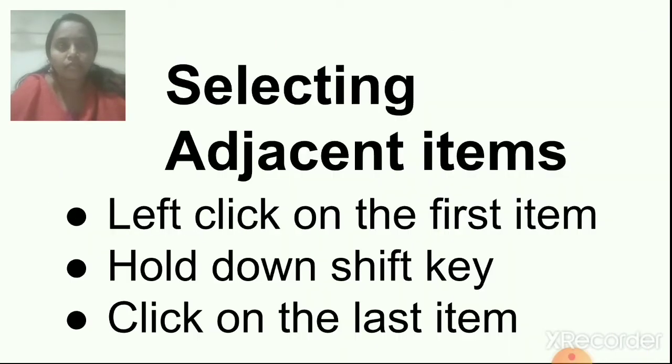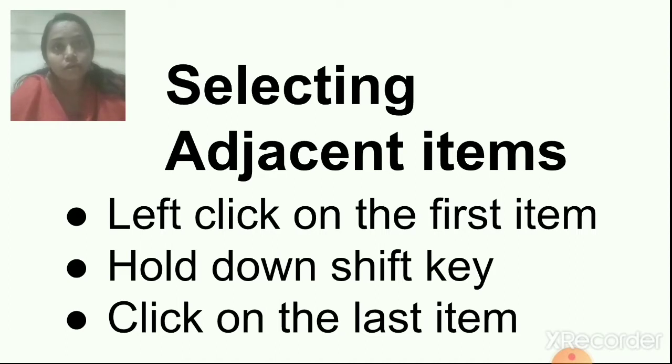Now next, selecting adjacent items. What are adjacent items? Means near items you can select. Left click on the first item. First click with the mouse left button on the item you want, then hold down the shift key.